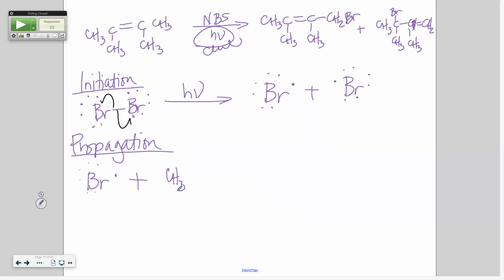I will use this one because it's closer to the bromine, for no other reason than that.